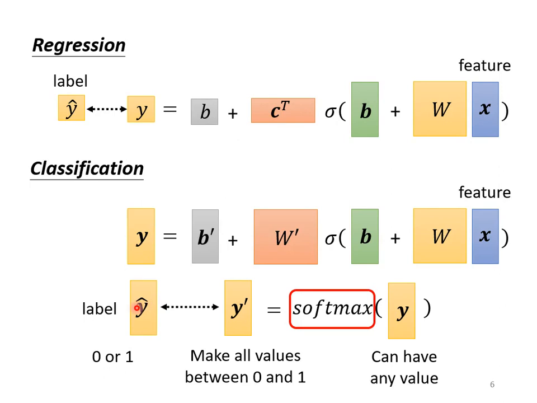This way, it is easier to calculate the similarity with the label. This is a relatively simple explanation. If you really want to know the reason we use Softmax, you can refer to previous lesson videos. If you don't want to know, just remember one thing. What Softmax does is change any value in y to some value between 0 and 1.